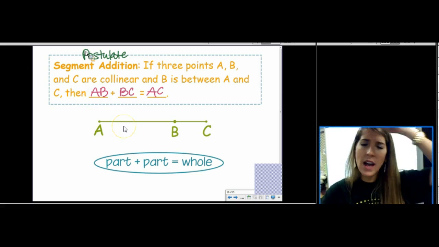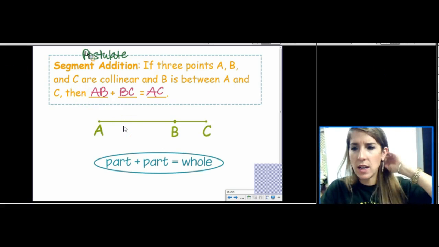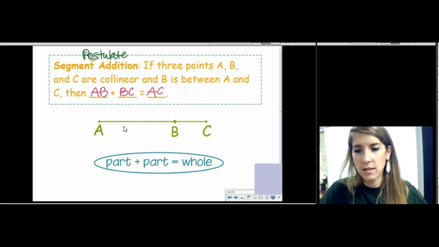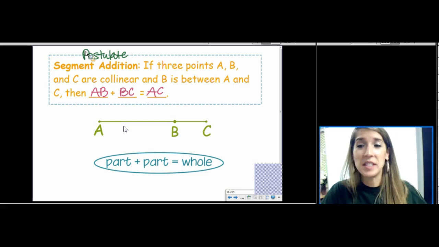This postulate, what's the form that it's written in? Do you remember what that sentence is called if it's an if-then sentence? Start with a C. It's a conditional. Yeah, it's a conditional and it has a hypothesis and conclusion.